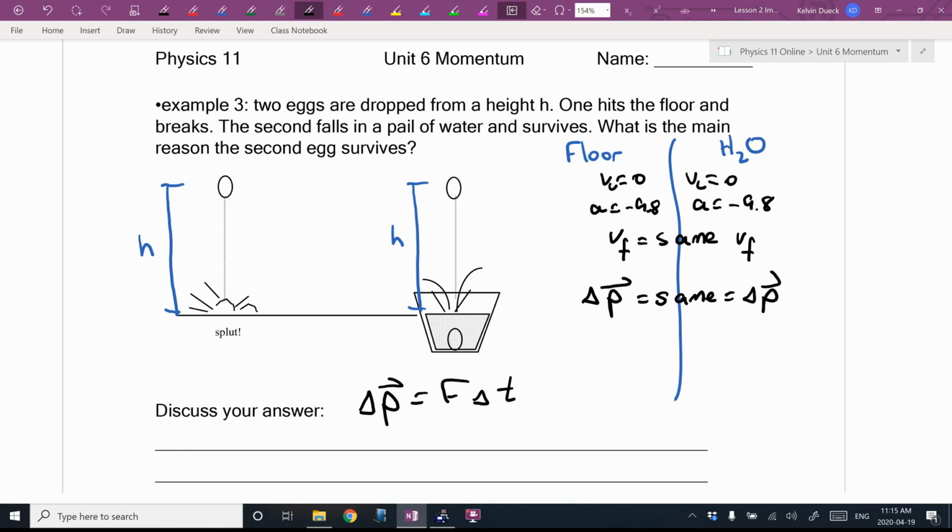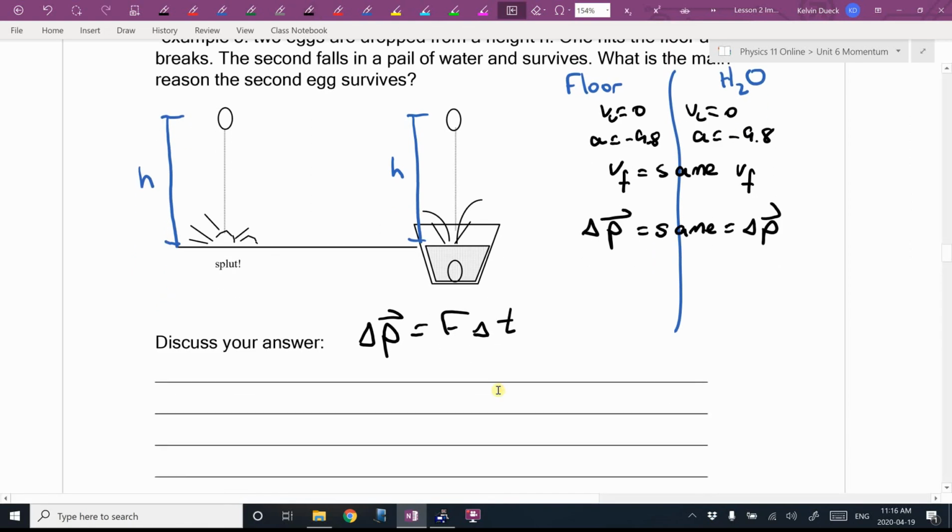If I get the F by itself, if I can make the time of the collision last longer, if I divide by a bigger number, I'll get a smaller force. What the water does is it makes the impact last for a longer amount of time. Same impulse, same change in momentum, because both of them, their final velocity after hitting the ground is going to be 0. Their initial velocity when they hit the ground is going to be the same.